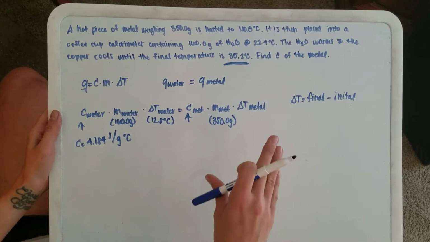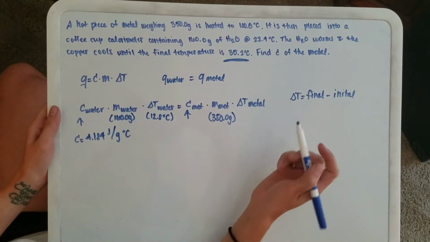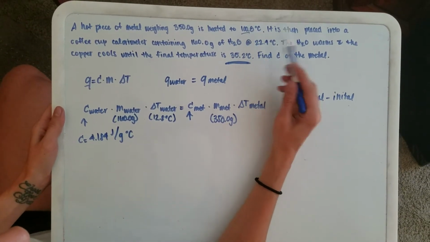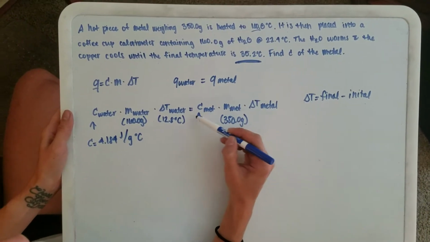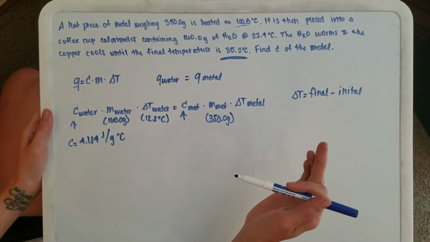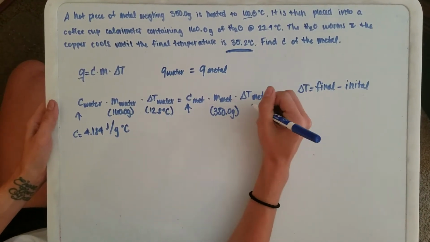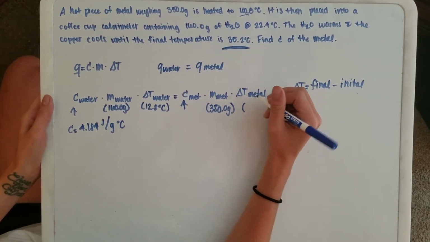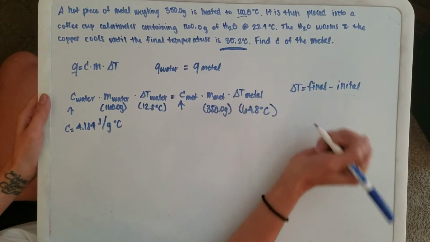Technically we would have to do 35.2 minus 100, but that gives us a negative number, which would make the specific heat negative. So we're just going to take the absolute value. Basically, we're going to do 100 minus 35.2, and we'll get 64.8 degrees Celsius.